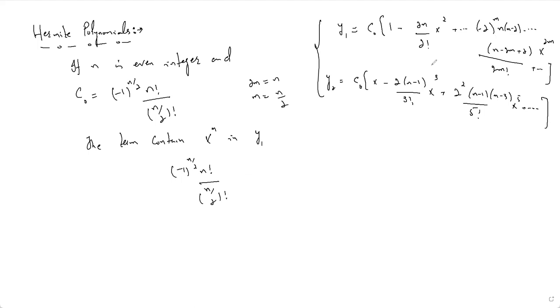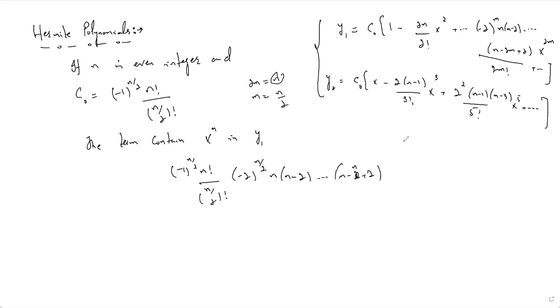Okay, so now this will become minus 2 raised to power m, which is n by 2, n into n minus 2, and so on, n minus 2m plus 2, and since 2m is n, it will be n minus n. Wherever I am using 2m, I will use n instead of 2m.